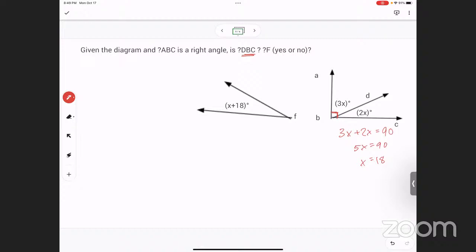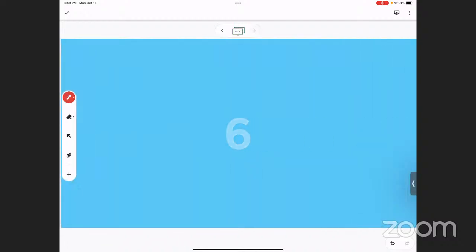I got it. So is this equal to F? Okay, so 2 times 18 is 36, and 18 plus 18 is 36. So yes, the answer is yes, because you solve for x. Good.